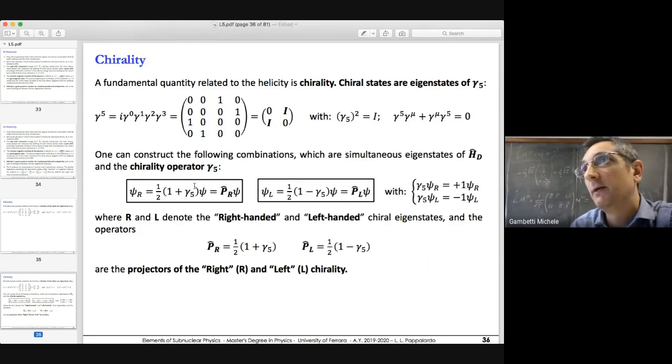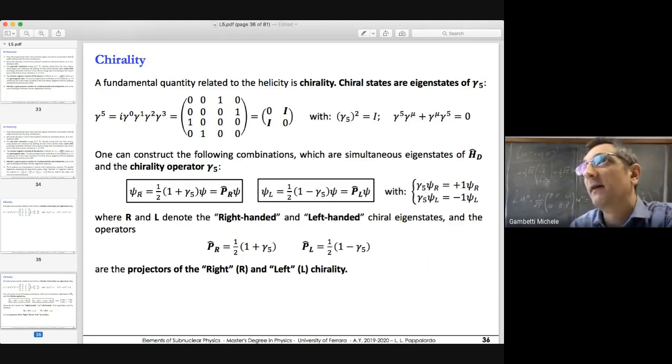And this object here we can also call the right projector, which is an operator that projects our spinor into a right-handed spinor. And the same for the left-handed. Okay, so we can define a left-handed spinor as the standard spinor multiplied by this operator, 1/2 (1 minus gamma 5). Okay, so gamma 5 essentially is the chirality operator.